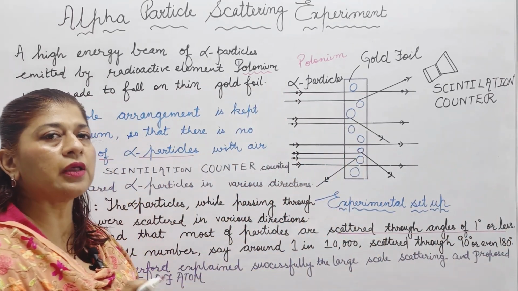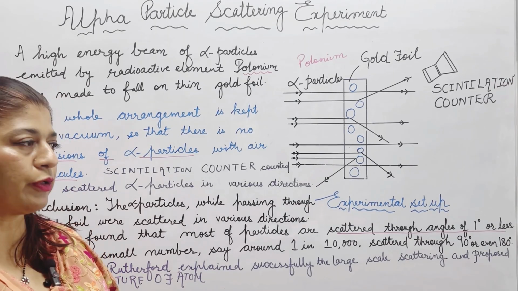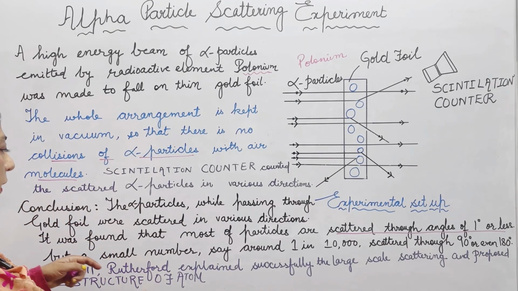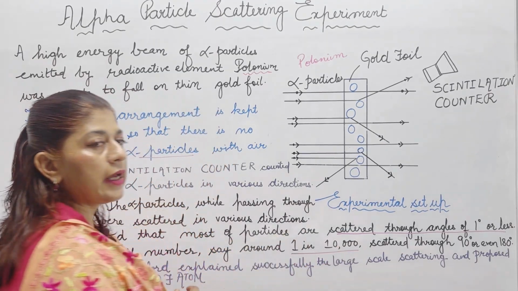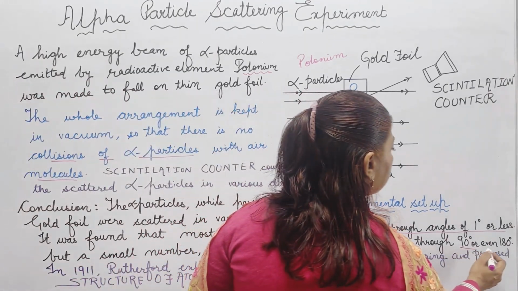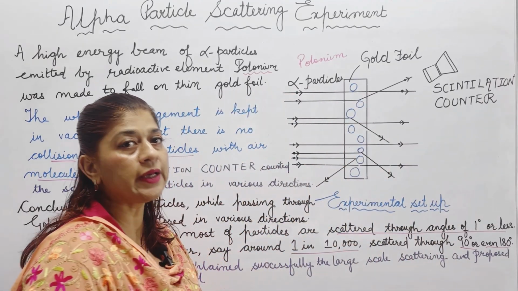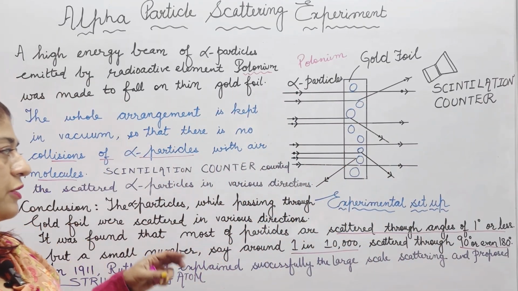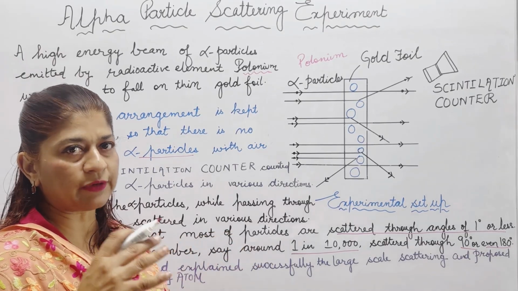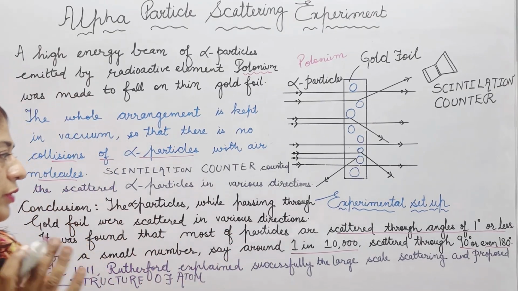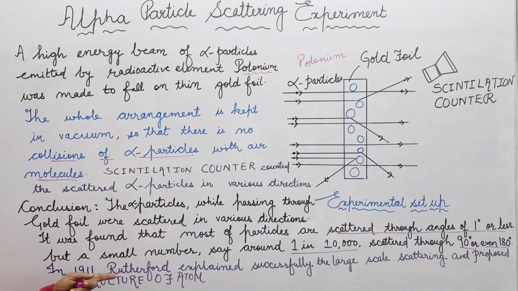It means the deflection is very small in the maximum number of particles, but a small number, around 1 in 10,000, get scattered through 90 degrees or even 180 degrees. This was successfully observed and explained by Rutherford in the year 1911.